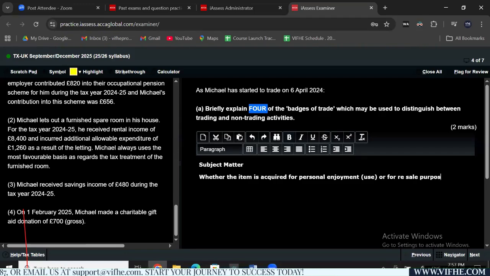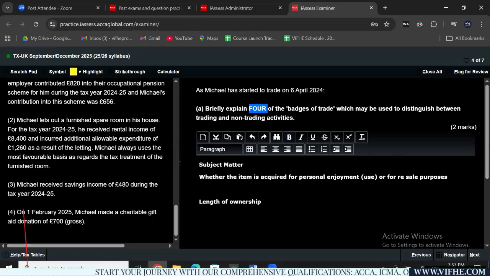If something has been acquired for resaleable purpose, then it would indicate that it is being acquired for the sake of conducting trade. Then another badge of trade, because it is a generic discussion that needs to be made over here, the length of the ownership. The shorter the length of the ownership period is, that would indicate that it is being held for the sake of trade.